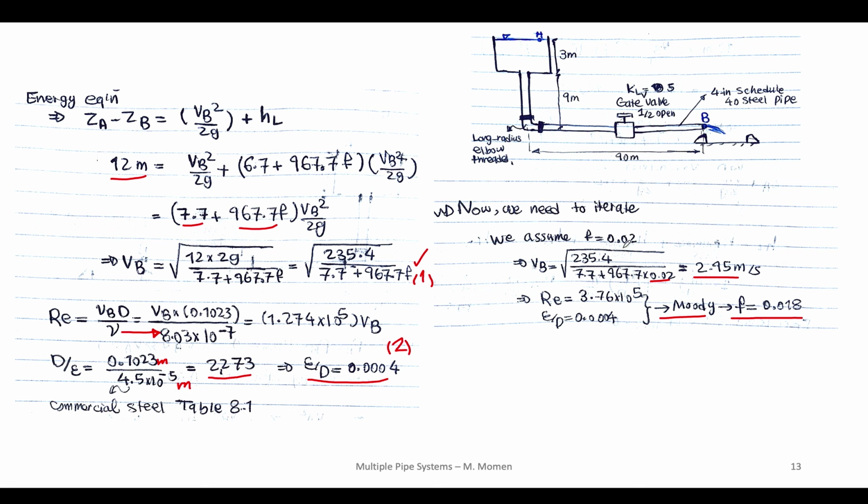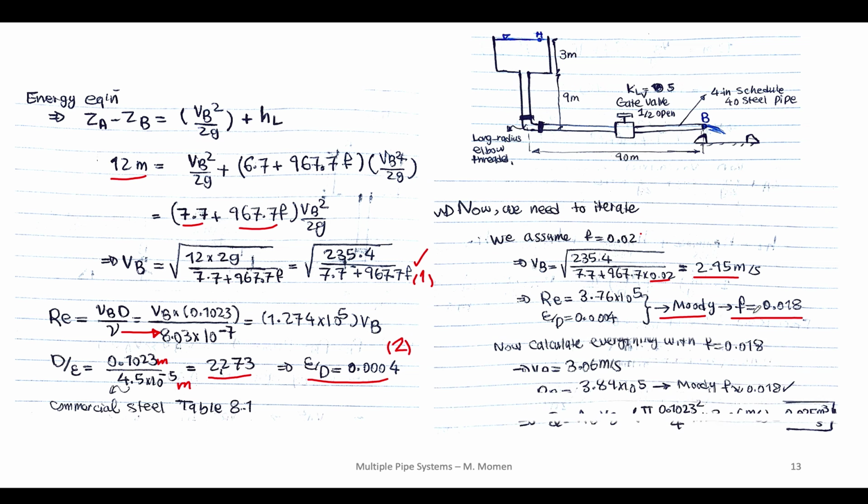So my first initial guess was not that bad, but it's not correct. In order to get a more accurate F, I set the second guess as F equals 0.018.